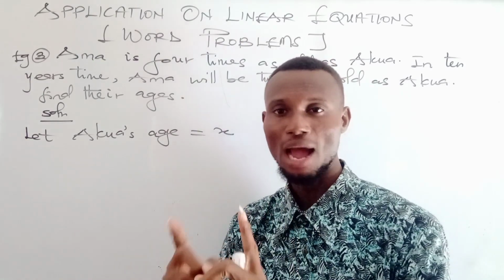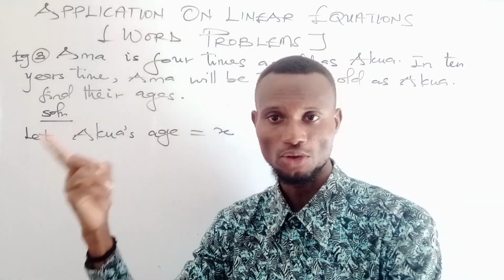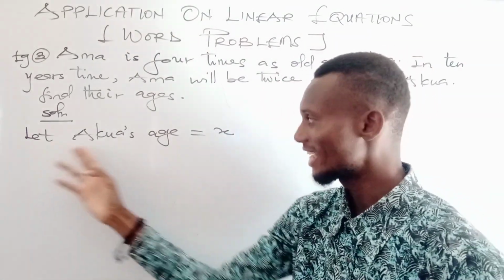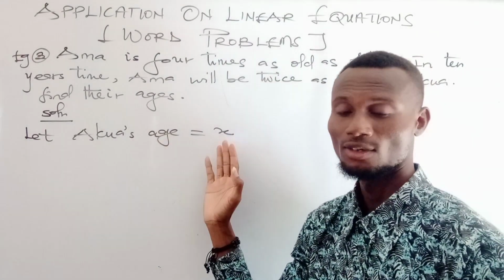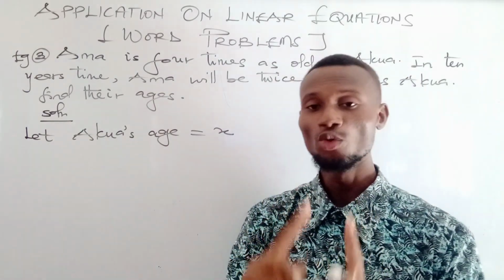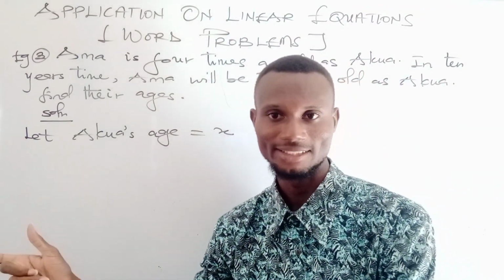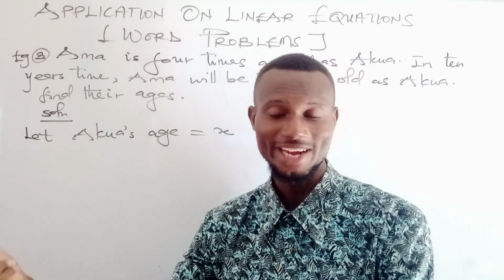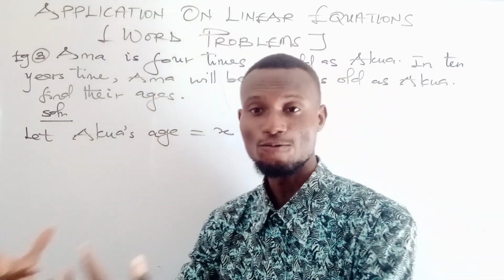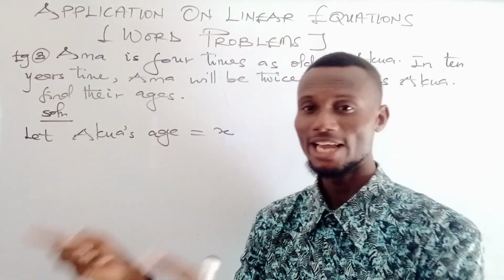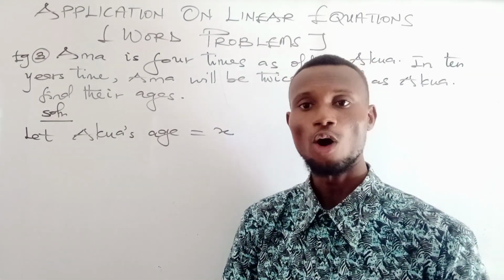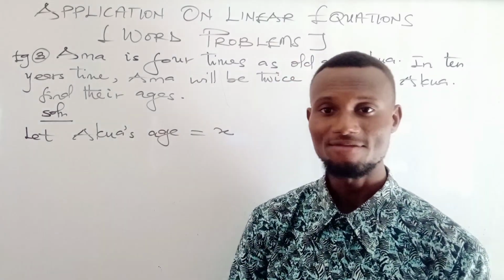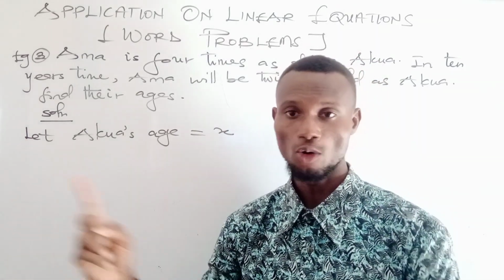We know that Ikea is S years, because it says let Ikea's age equal S. So now, knowing that Ikea's age is S, and the question is saying that Amma is 4 times as old as Ikea, it means that when we multiply Ikea's age by 4, it should give us Amma's age. I hope you agree with me.